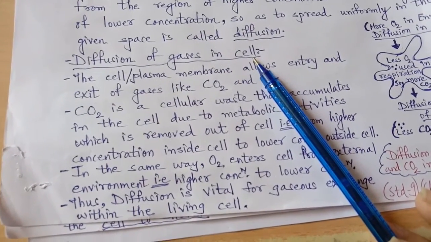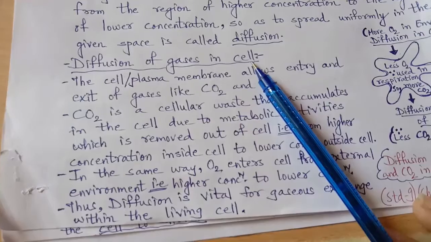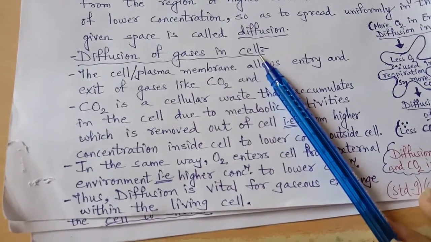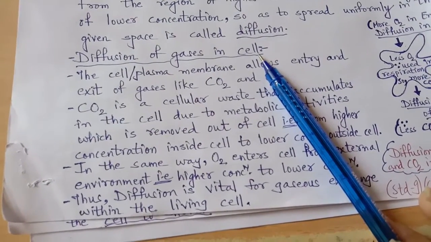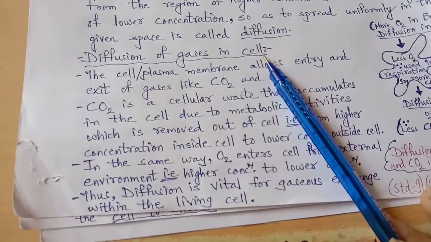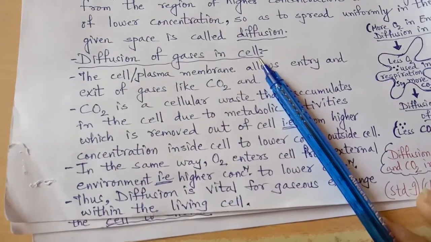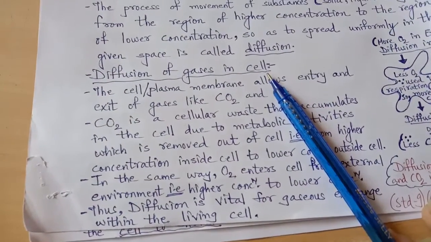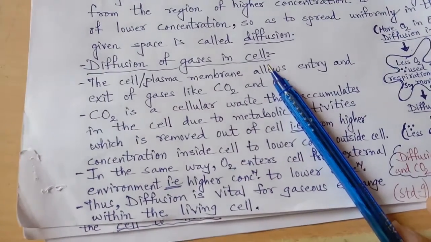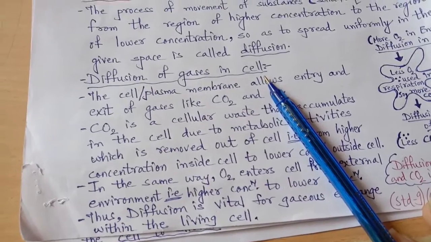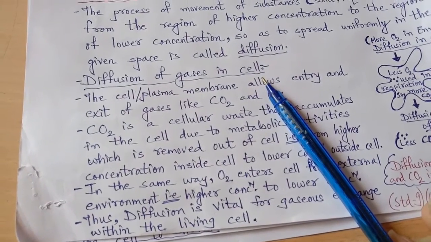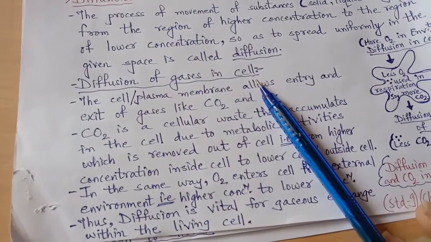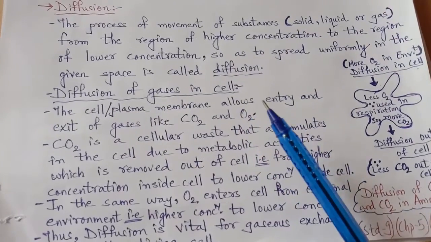This carbon dioxide gas in our body is not good for our body. That means carbon dioxide should be thrown out of the cell, that means from the organs of our body. And this is the reason that to take oxygen into our cell and to take carbon dioxide out of our cell, some process is necessary.